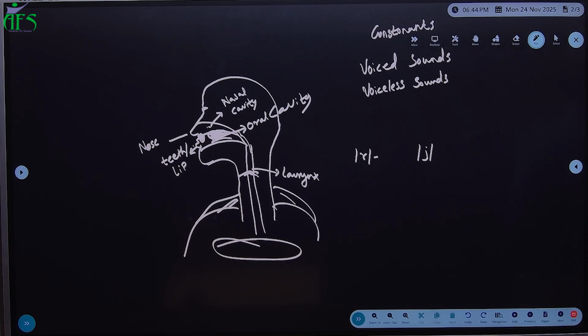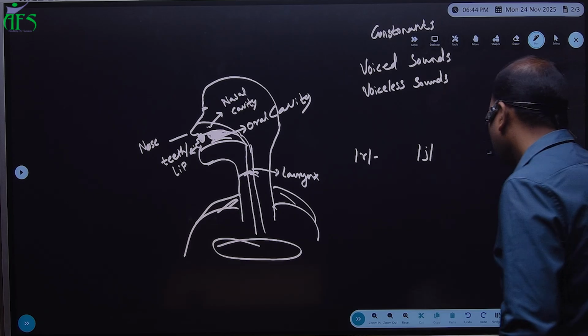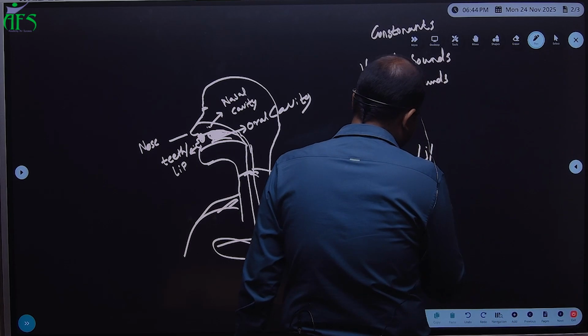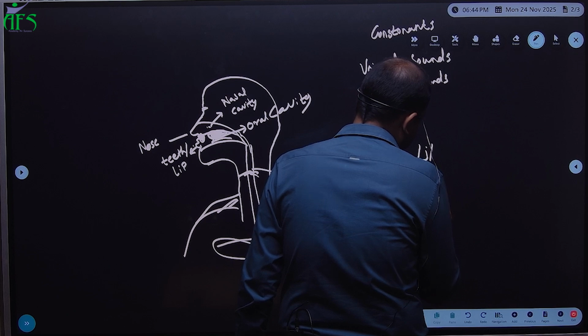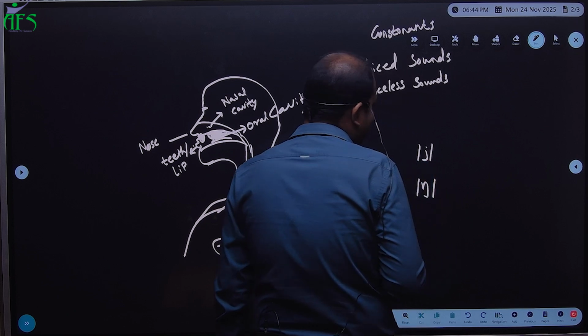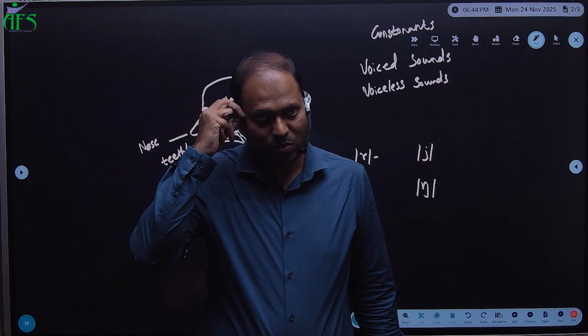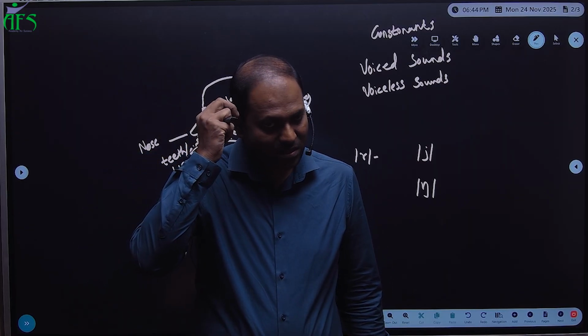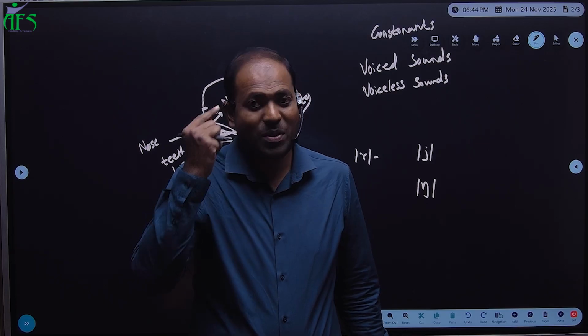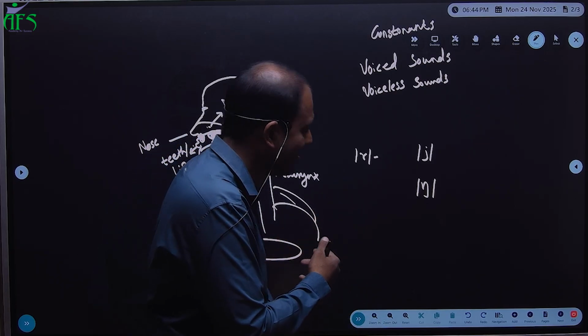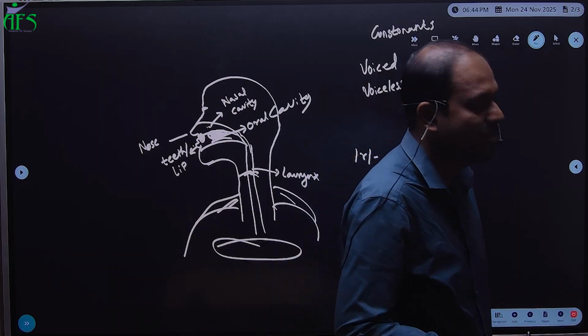So sound k, g, or the sound g, which is in singing, centered with this sign. As I said, that semi-vowel, which is a palatal sound, is also called a semi-vowel.